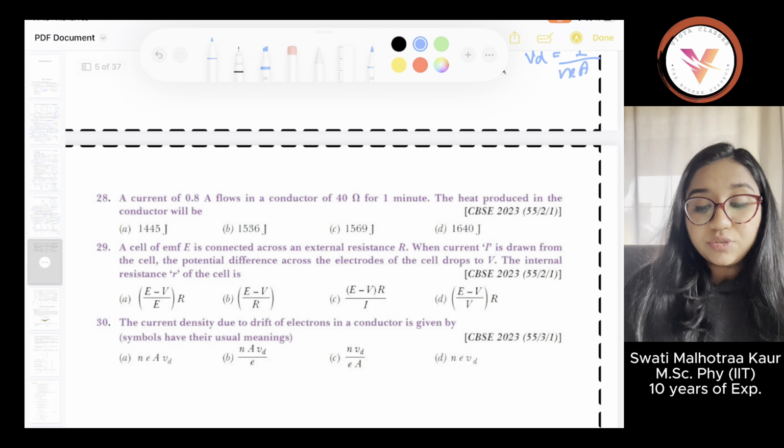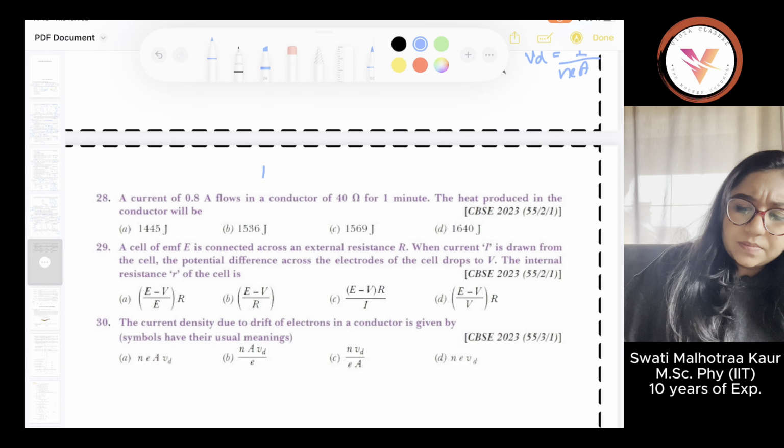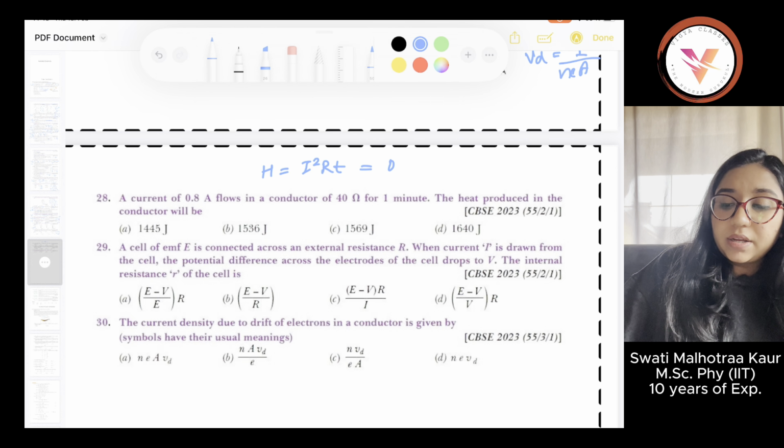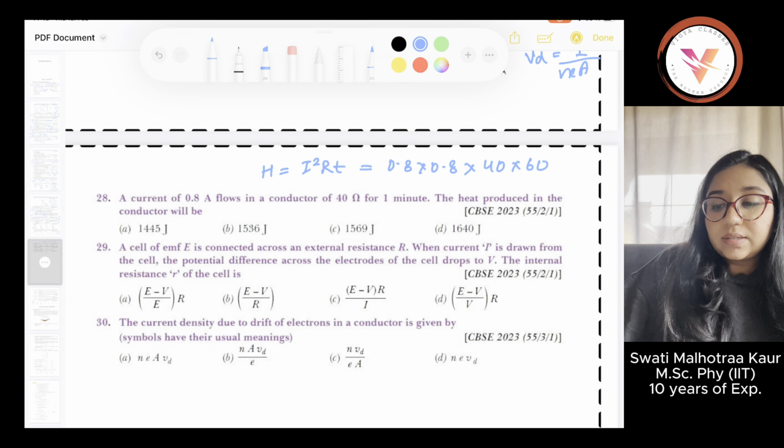Next, a current of 0.8 ampere flows in a conductor of 40 ohm for 1 minute. Heat is I square RT, simple. I square is 0.8 into 0.8. R is 40 and time is 1 minute, that is 60 seconds.